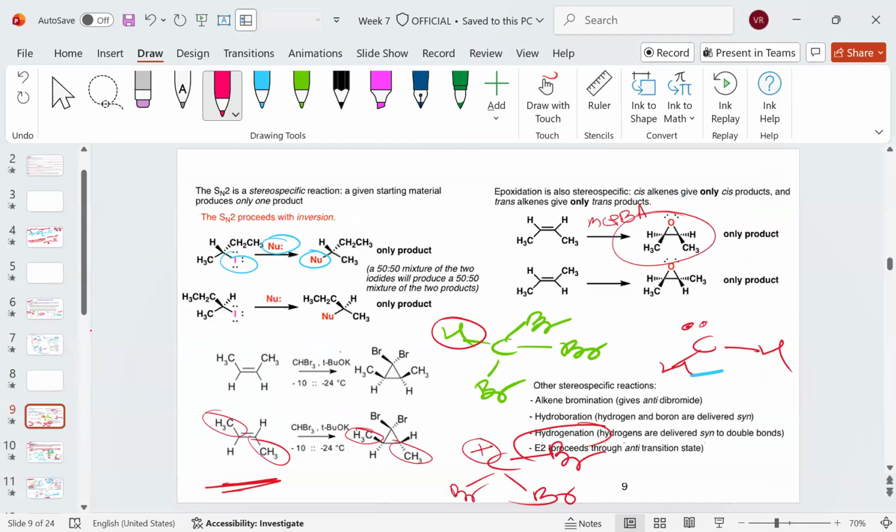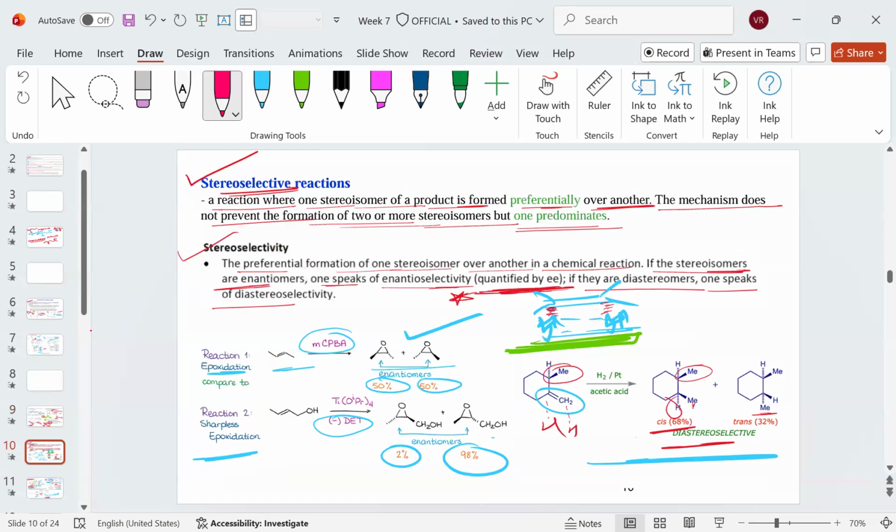Further, we have seen epoxidation reactions, which are again stereospecific reactions. Only one product is formed in this type of epoxidation reaction, so we call it a stereospecific reaction. Now, to understand stereoselectivity, we discussed several problems, mainly the epoxidation of the trans alkene with mCPBA.